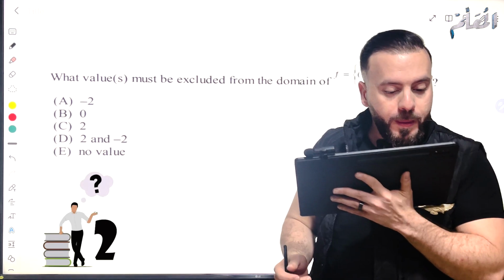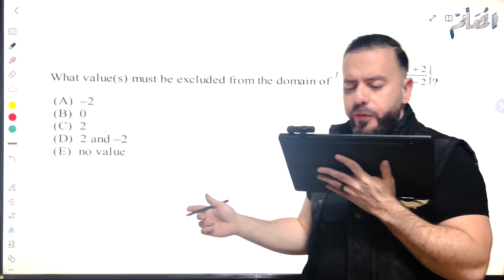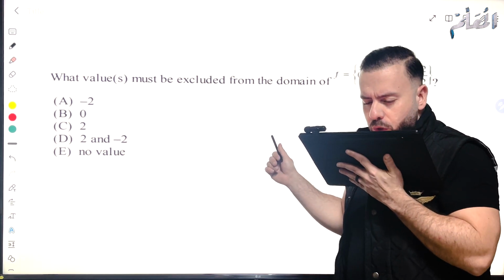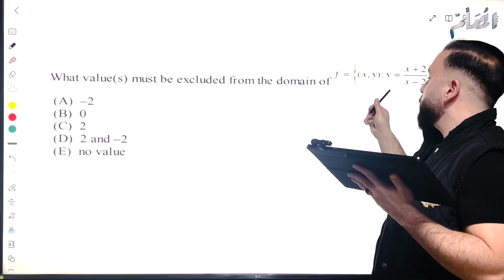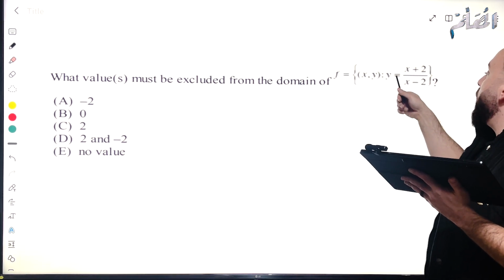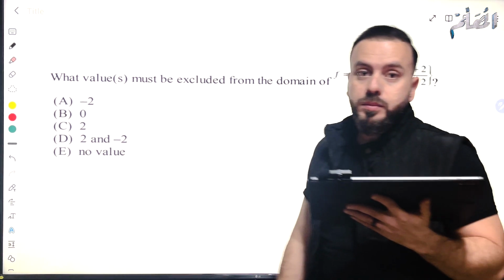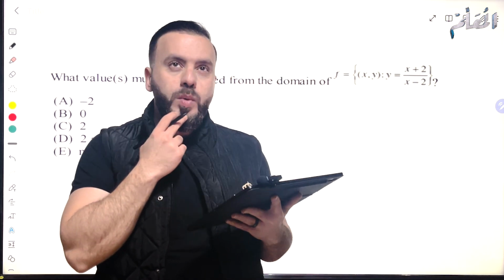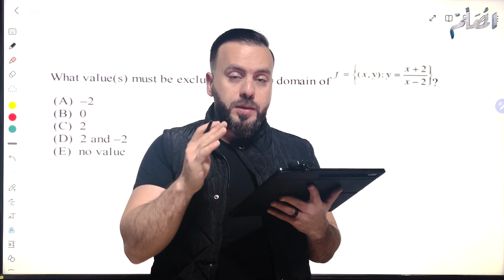Okay, question 2. What values must be excluded from the domain of the function f, where y equals x plus 2 over x minus 2? In this case, we can say it's a rational function.